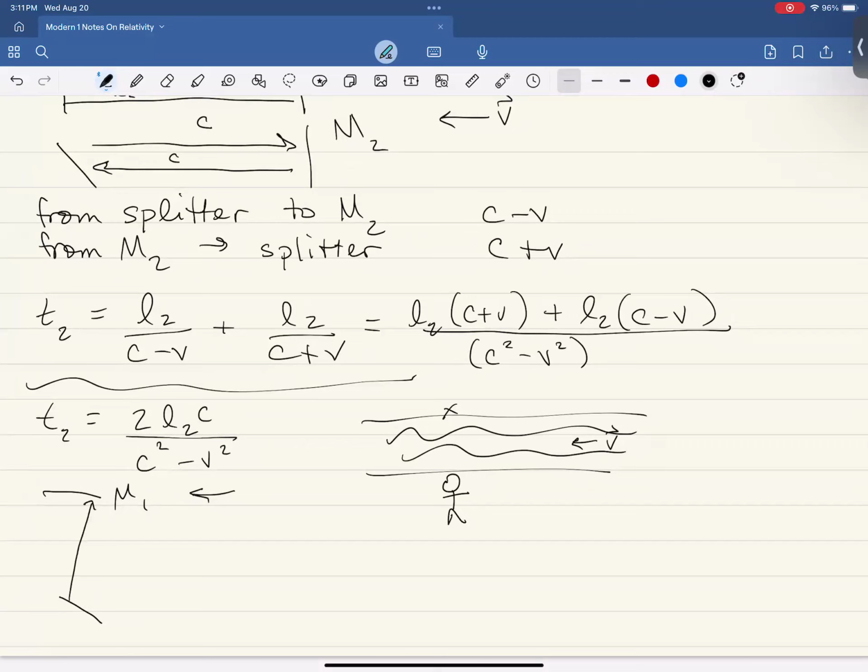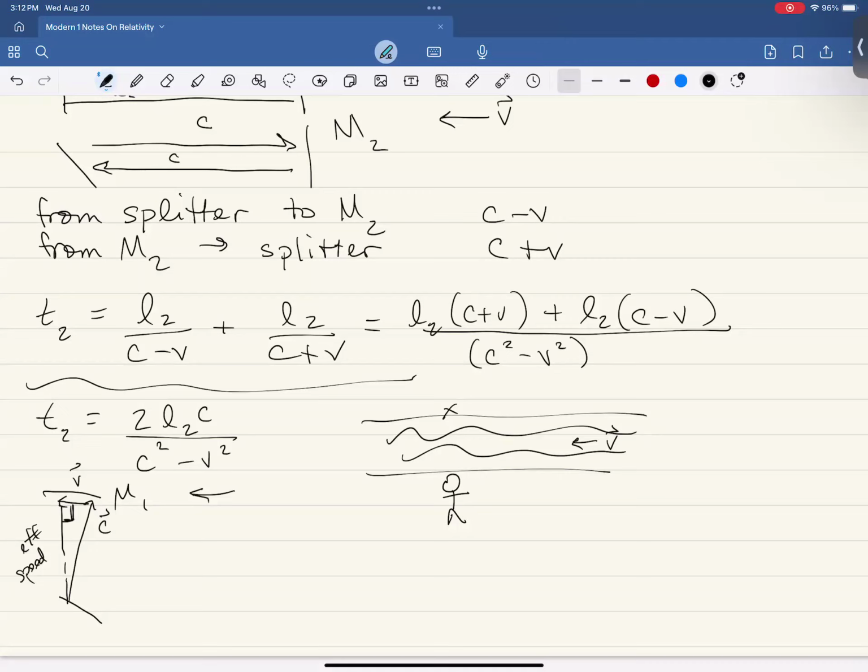And then here was the ether drag vector like that. And those two things were oriented so that they would be perpendicular to each other. So this is supposed to be a right triangle, even though I'm not a great artist, okay? So that would make the effective speed of the light as it crossed this leg of the triangle here. So C is the hypotenuse of this vector addition, right? C is the hypotenuse, and V is the vector that points left.